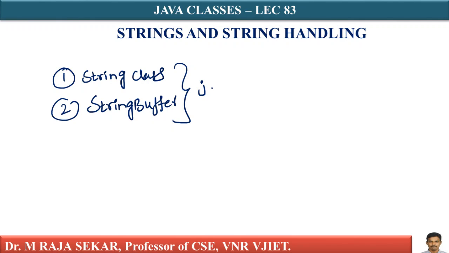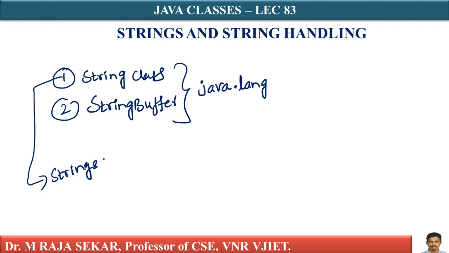Both of these classes are from which package? There is a package known as the java.lang package. We already discussed what packages are in our previous lectures. Strings are immutable.